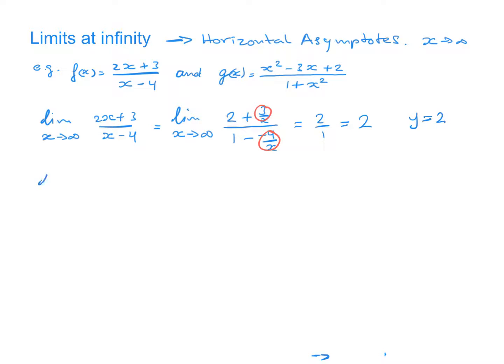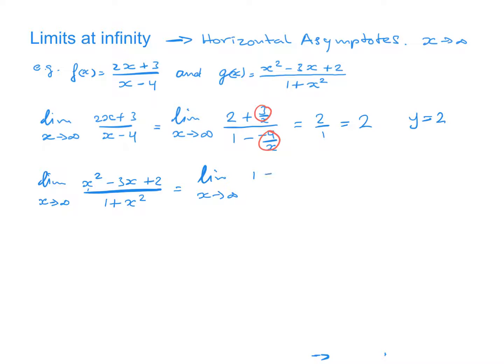Just similar, the limit as x approaches infinity of (x squared minus 3x plus 2) over (1 plus x squared). Again, divide everything by the highest power of x, which is x squared here.